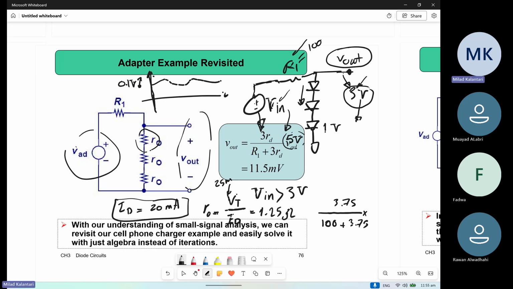This is the resistive divider, and then the input variation, I was telling you, is something around 0.1 volt. And this is showing the output variation, delta V out.